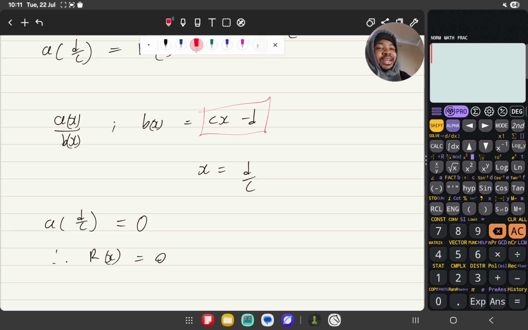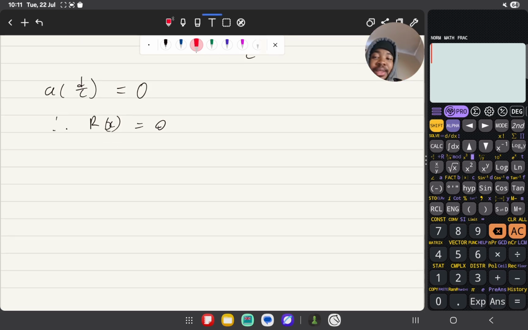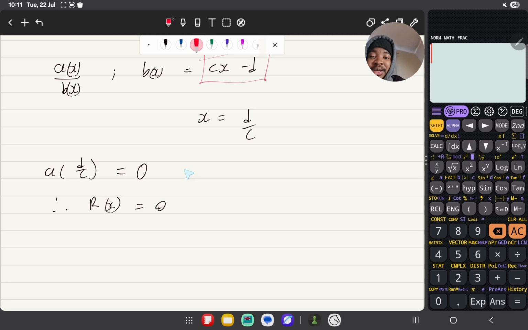In a sense, the remainder is going to be 0 if you divide A by B. So B is a factor of A if we can divide A by B and the remainder is 0. Cool stuff.